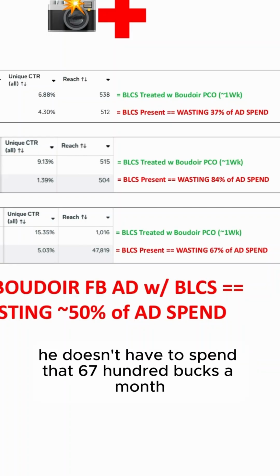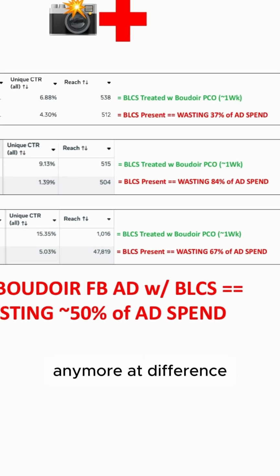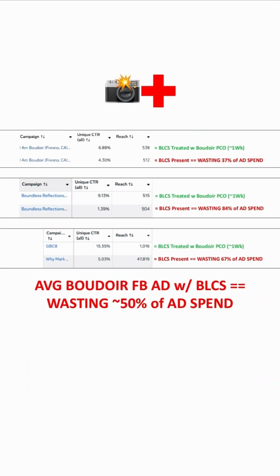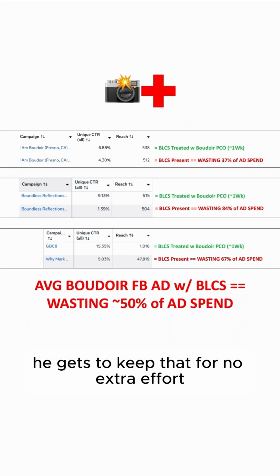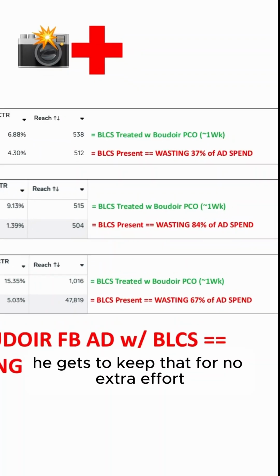And so he doesn't have to spend that $6,700 a month anymore, that difference, and he gets to keep that for no extra effort.